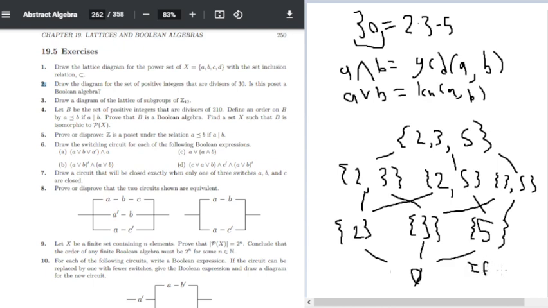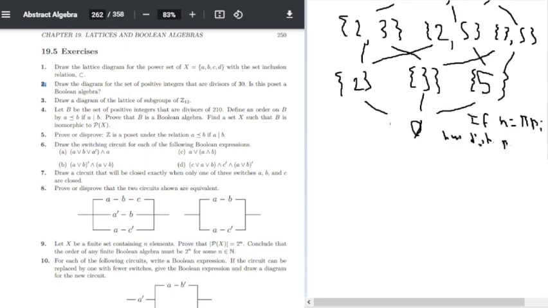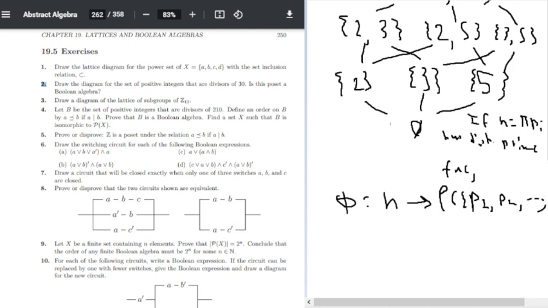If n equals the product of p_i has n distinct prime factors, there's an isomorphism phi from the divisors of n to the power set of the set {p1, p2, all the way to pn}.